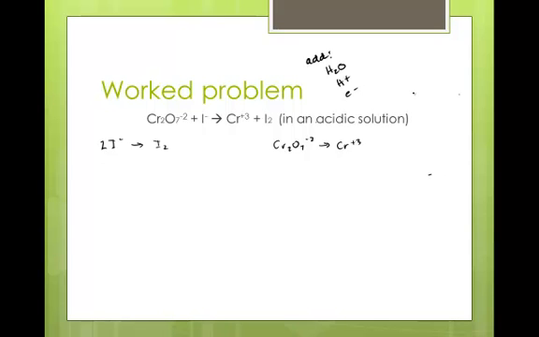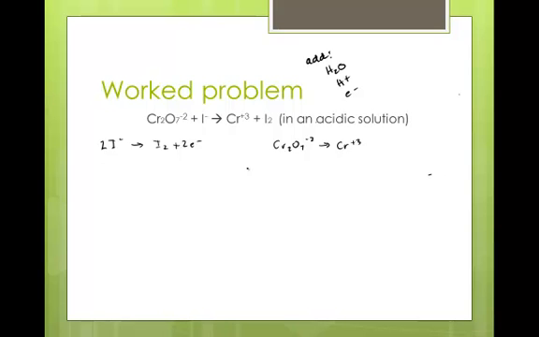And you can add them to either side to make it balance for charge and quantity. So with the I negative going to I2, the number of iodines is equal on both sides, but the charge isn't. Here we have a -2 charge, and this side has 0. So I have to add 2 electrons to the right to make it work.